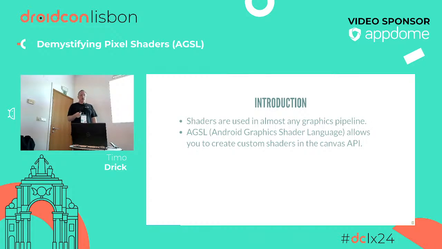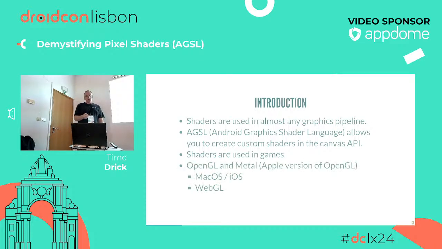And the new thing you can do with it is create custom shaders. Shaders are also used in games a lot. And normally you know it from OpenGL and Metal. Metal is this OpenGL from Apple. Yeah, they have their own standard for macOS and iOS, and of course also WebGL.